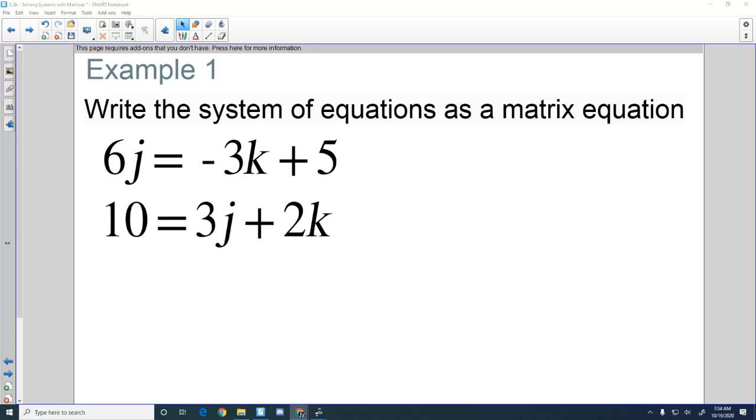So write in standard form, then convert to a matrix equation.